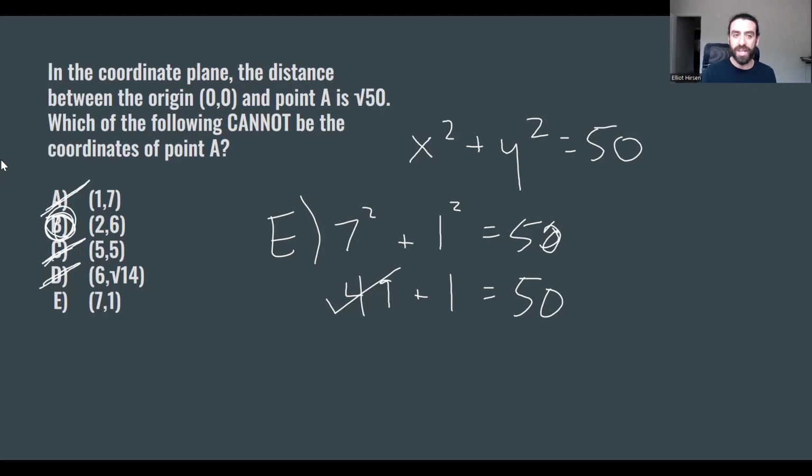But in any case, here where we're practicing really getting these ideas dialed in, we can see it in front of our faces now. Again, one more time, this does satisfy x squared plus y squared equals 50. 7 and 1 could be the coordinates of point A, so answer choice E is incorrect. Huzzah! Answer choice B was correct.